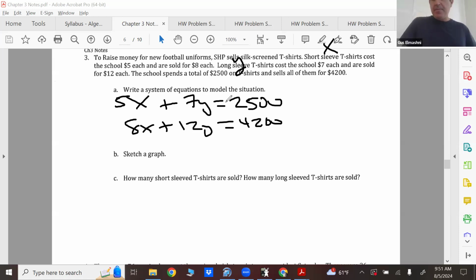And we're just going to graph it and see where they touch. Right? Because again, the cost is 2,500. So you have to use the cost values for X and Y. And what you made or sold it for is 4,200, and you got to use the sales price for that.